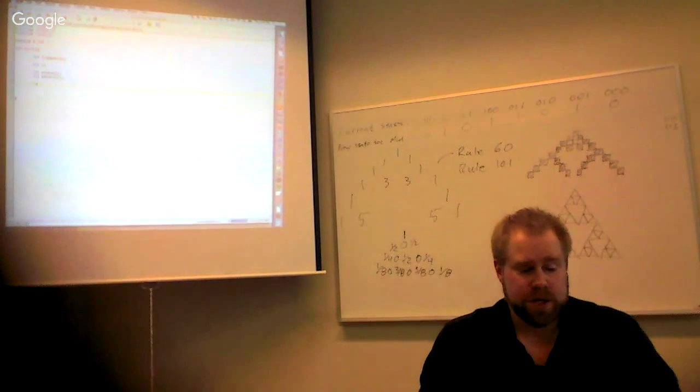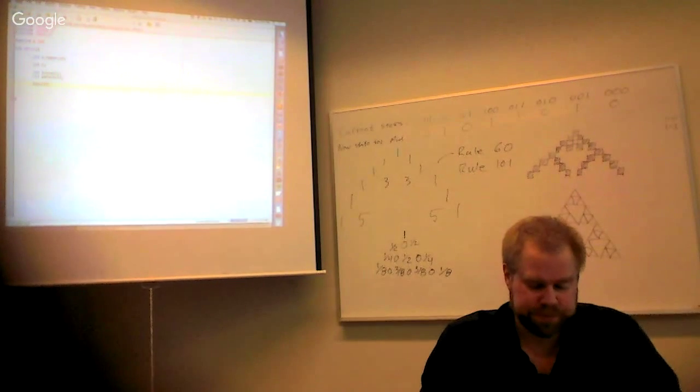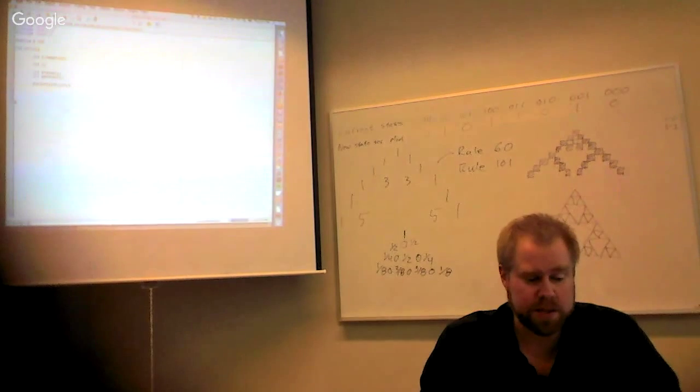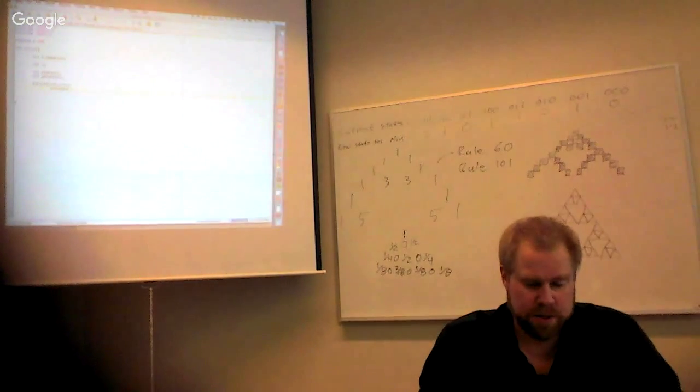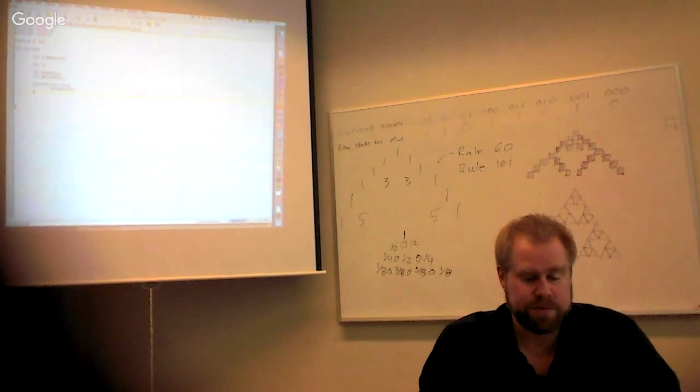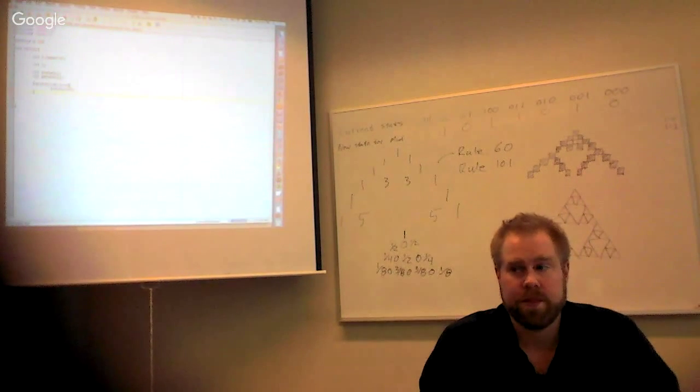So first thing we want to do is initialize. For i equals 0, i less than L, i plus plus, state at i is going to be equal to 0. We're going to turn everybody off.